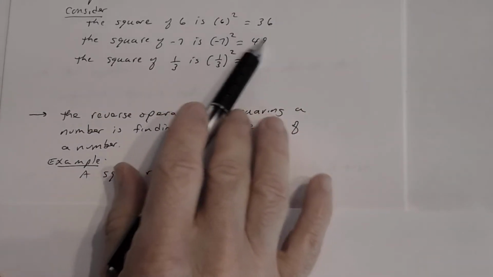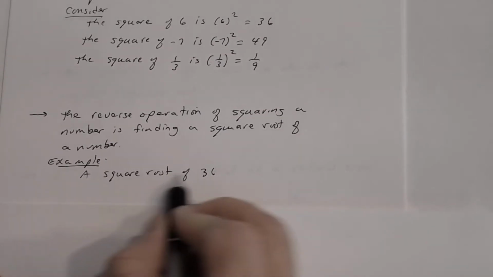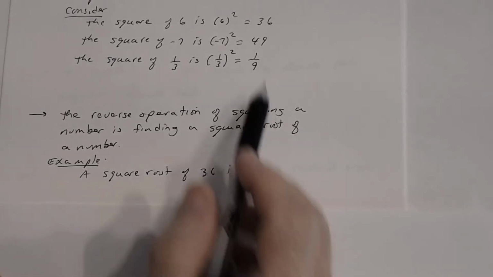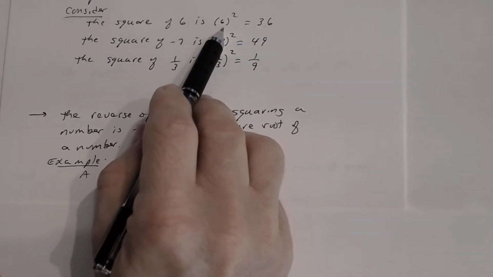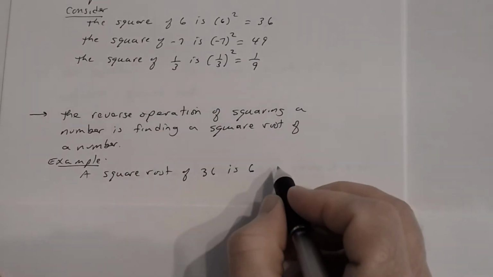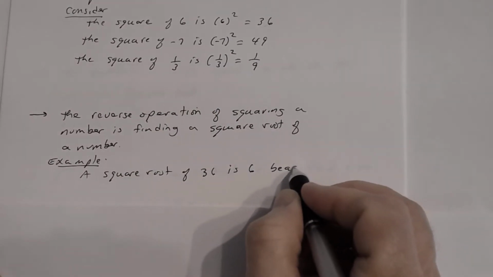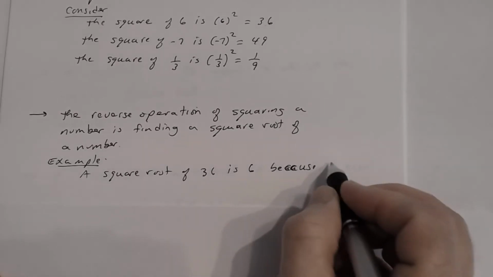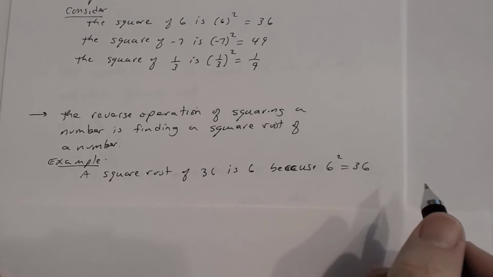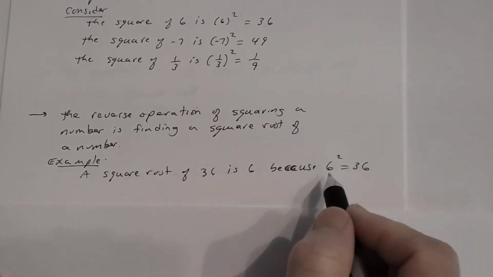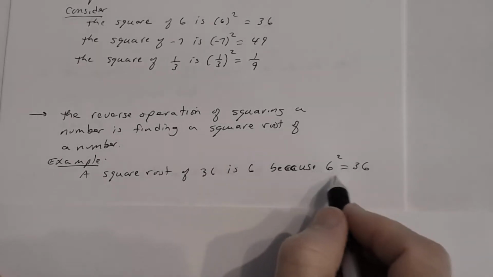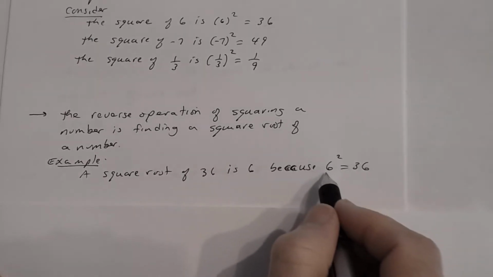So the square root of 36 is 6. What's inside the parentheses is 6 because 6 squared equals 36. So if I take the square root of 36, I will get this base right here.